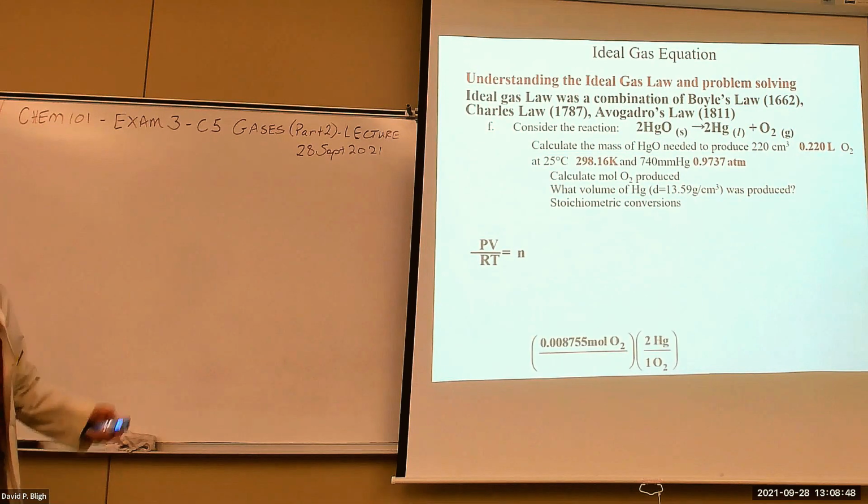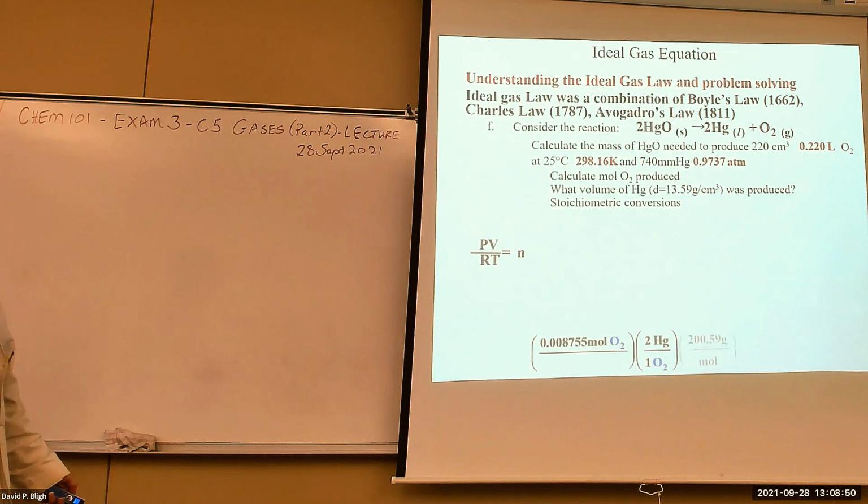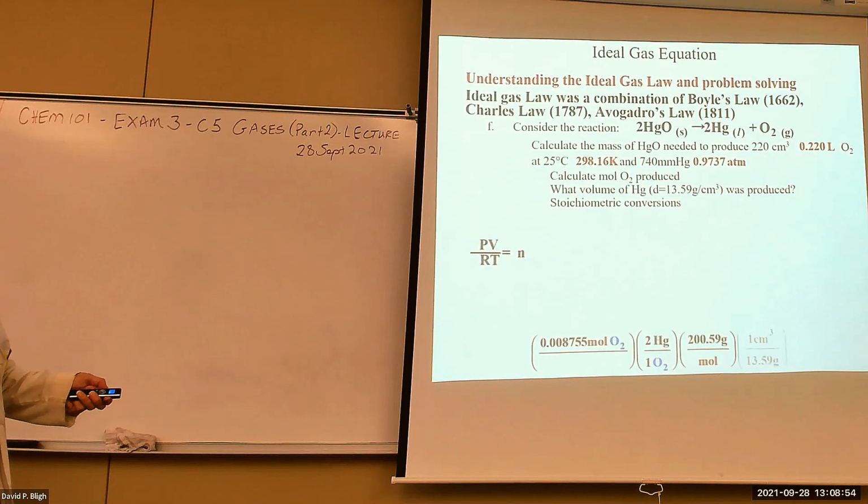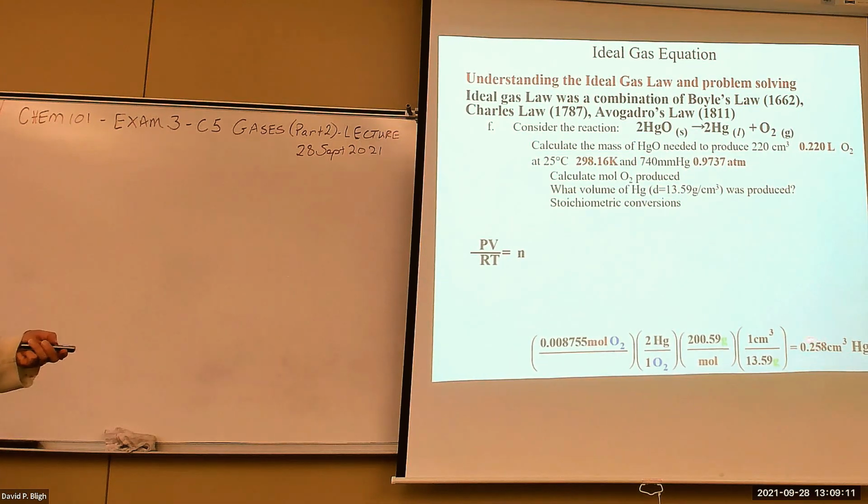Okay, now we're converting it to mercury. And then we're going to convert the mercury to mass. And then we're going to convert the mass to volume using its density. So let's see. 0.258, how many liters is that?